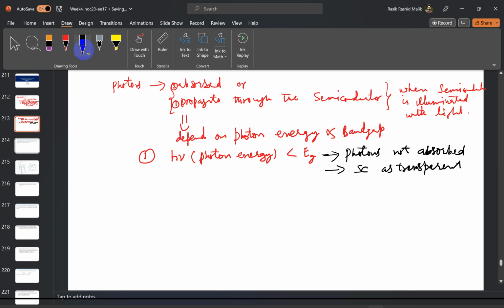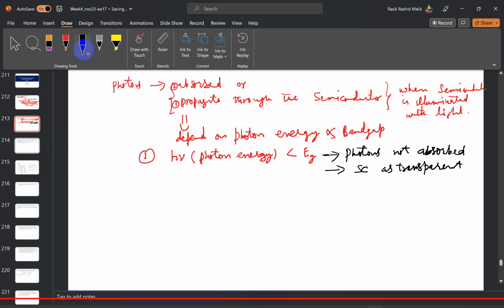So if the energy of the photon is less than the band gap, the semiconductor acts as transparent. But there will be other cases where the photon energy is greater than or equal to the band gap.